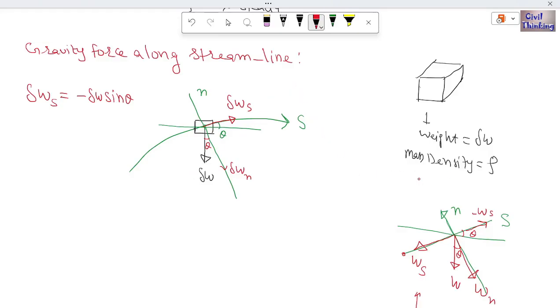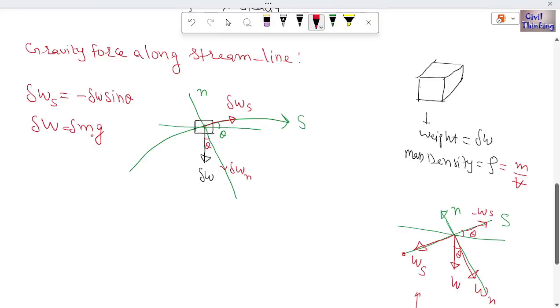Now, what is weight? First of all, mass density. Density is mass per unit volume. Let us say V dash is the volume. Weight is mg: mass times acceleration due to gravity is weight.